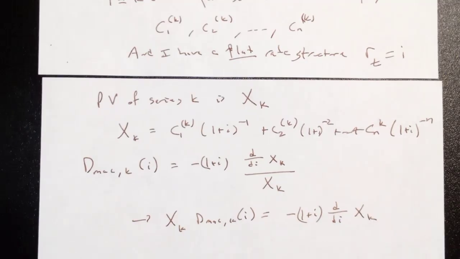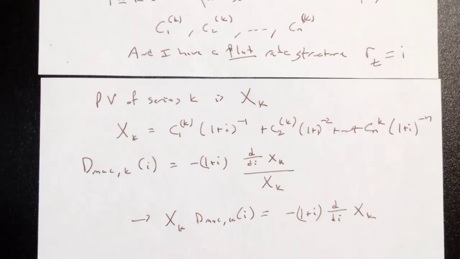So this basically says I'm thinking of the duration times the cash flow, XK, as being related to the derivative, a differential equation. But this is for series K. I can add them all up.